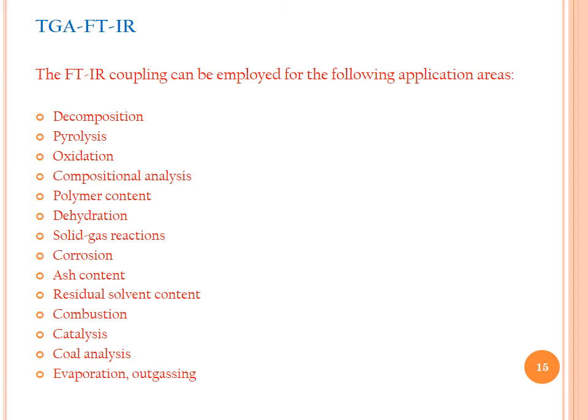The FTIR coupling can be employed for the following application areas, for example decomposition, pyrolysis, oxidation, compositional analysis, polymer content, dehydration, solid gas reactions, corrosion, ash content, residual solvent content, combustion, catalysis, coal analysis, evaporation, and the outgassing.